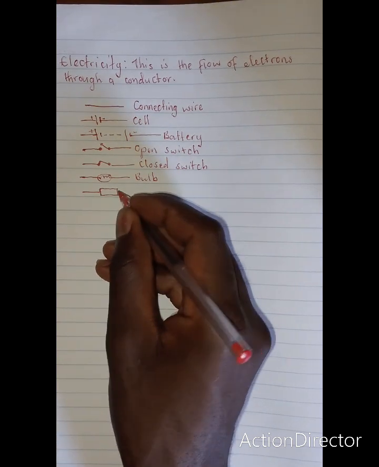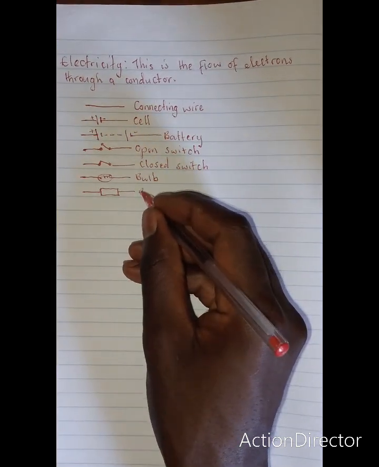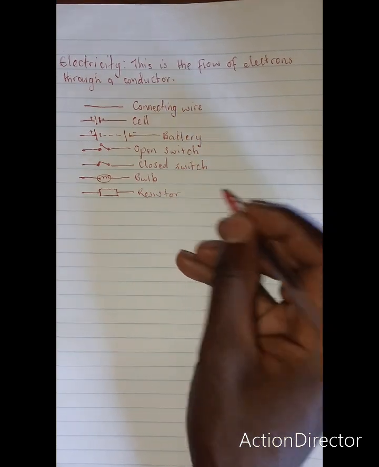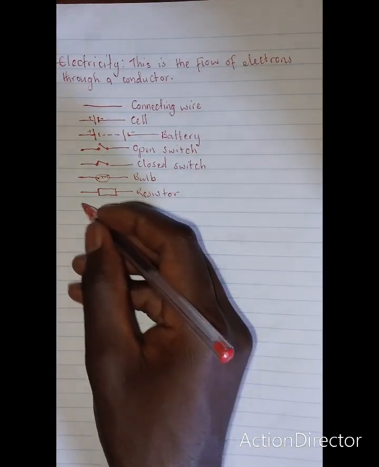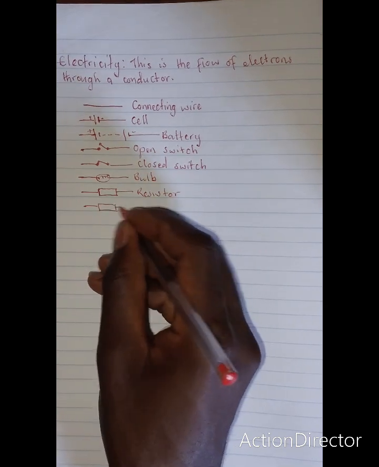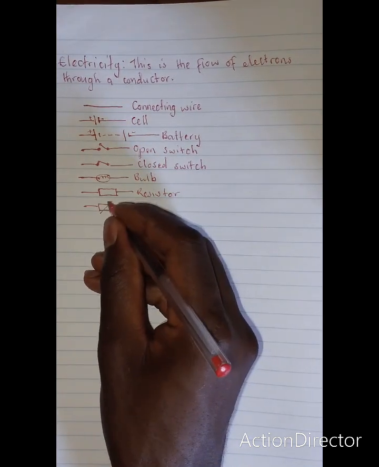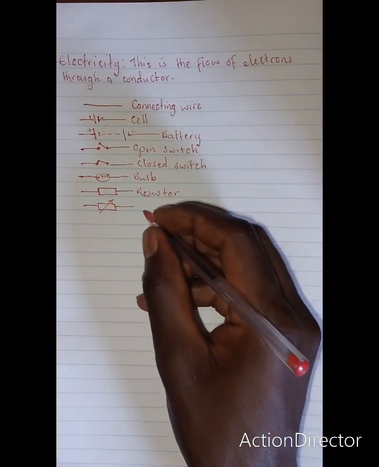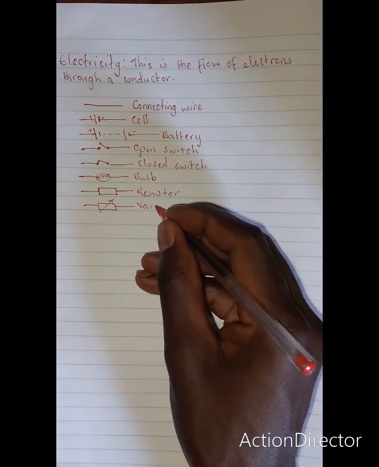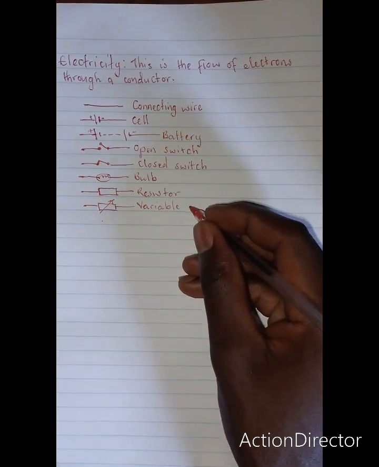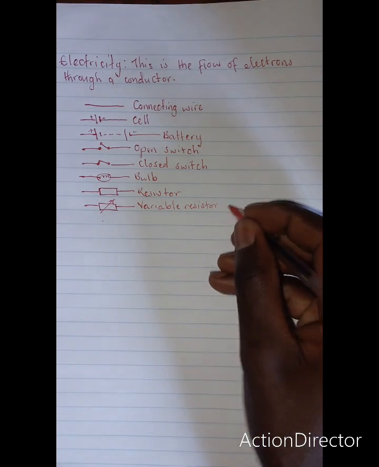That is used to represent a resistor. And this same resistor, we may draw it like this, and now we put an arrow like that. When we put an arrow like that, it becomes what we call a variable resistor, or a rheostat.